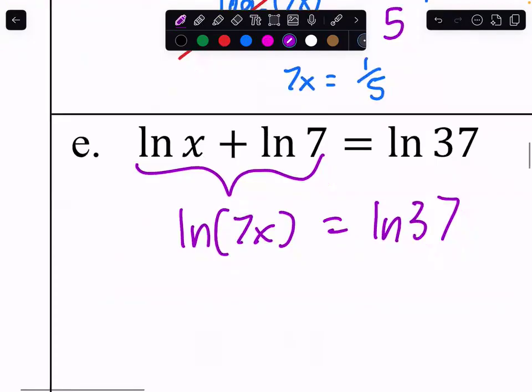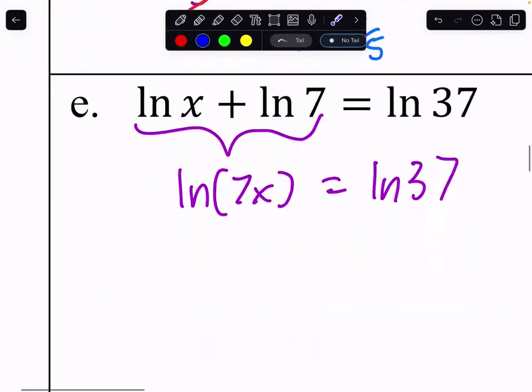The right side is fine. It's a single logarithm already, so we don't need to change it at the moment. Now that we have a single logarithm on both sides, we remember that ln, natural log, is really log base e. So to cancel out ln, we do e to the power of both sides.